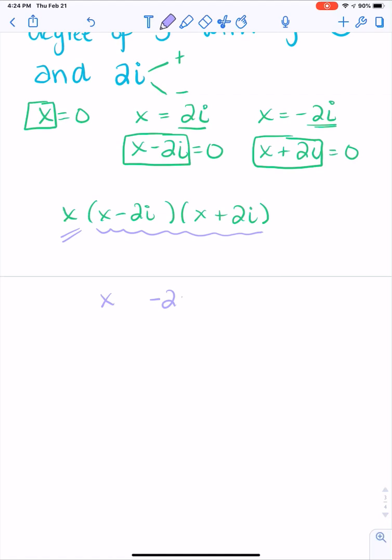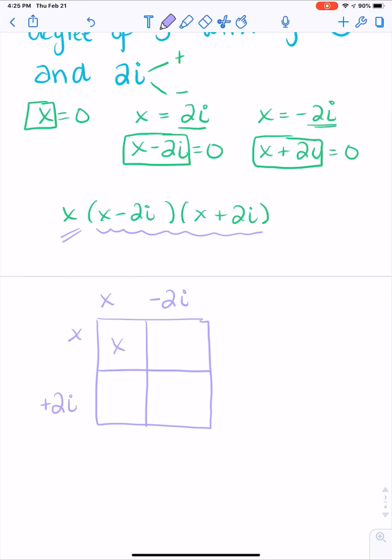So x minus 2i, x plus 2i, so x squared minus 2ix plus 2ix minus 4i squared.